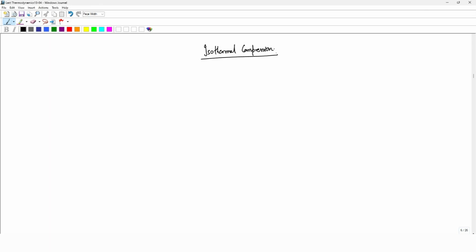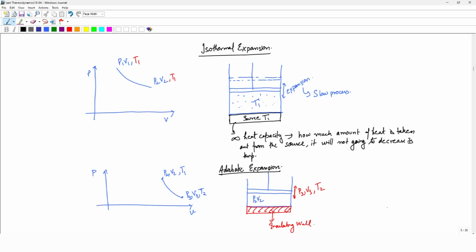Okay, so in case of isothermal compression, we take this piston cylinder system and put it on a sink that is at temperature T2.